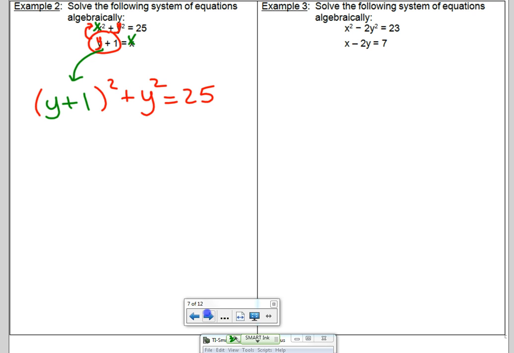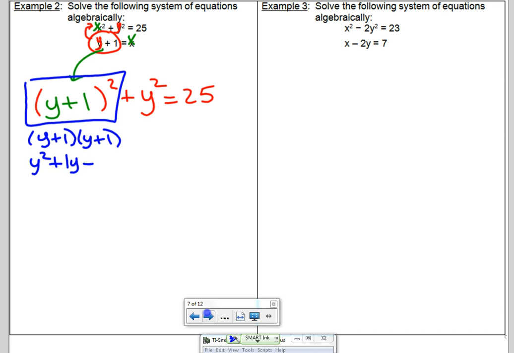All right, so how do we solve this? Well, order of operations, I have to first do the power 2 on this guy. And remember, you cannot distribute the power. You're going to have to remember to double distribute that out. And then you'll get y squared plus 1y plus 1y plus 1. And then don't forget, we still have the plus y squared equals 25.